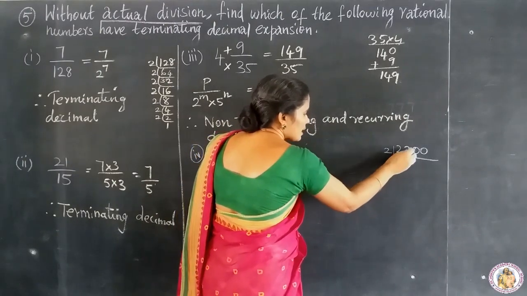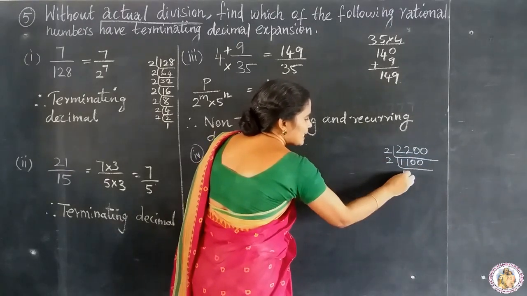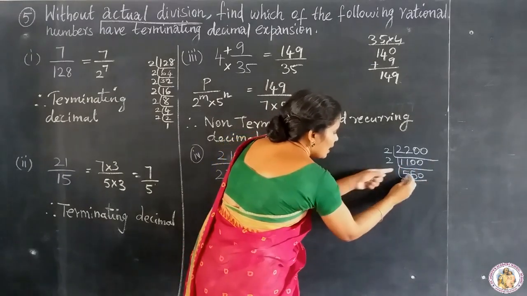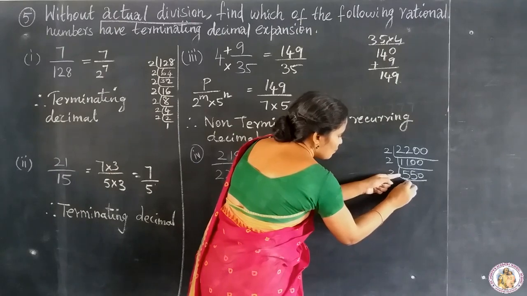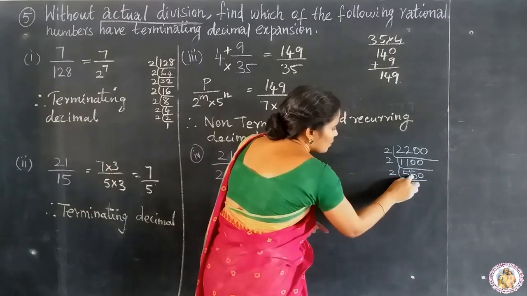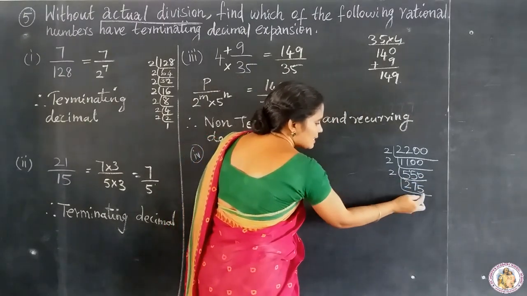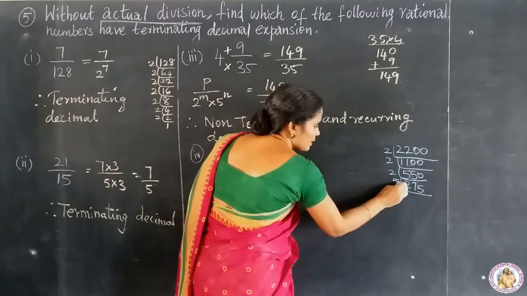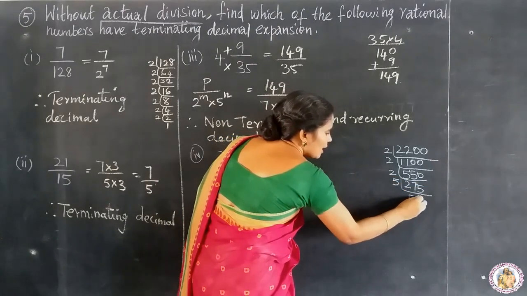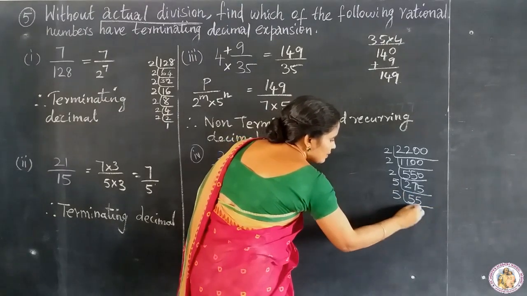So 2 1s are 2 and 2 zeros. 2 5s are 10, and again 2 5s are 10, 2 2s are 4, 2s are 14. Last number is 5. So go with 5 tables. 5 5s are 25, again 5 5s are 25, 5 11s are 55.